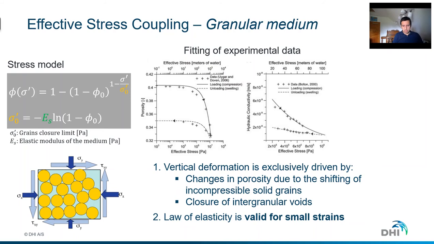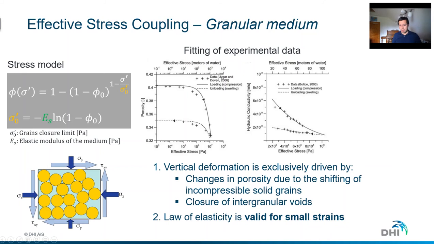Let's look at the effects of effective stresses on porosity and hydraulic conductivity. If you look at the graph that I presented here, if you increase the effective stresses, you will produce a reduction of the porosity in the system. In the case of hydraulic conductivity, increasing effective stresses will tend to produce an exponential decrease of the hydraulic conductivity.